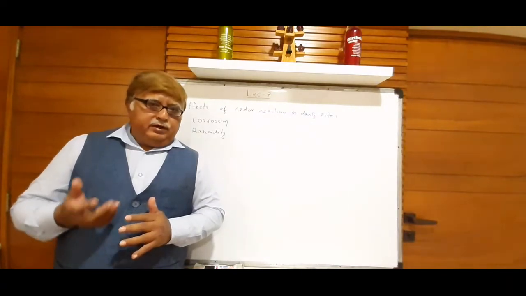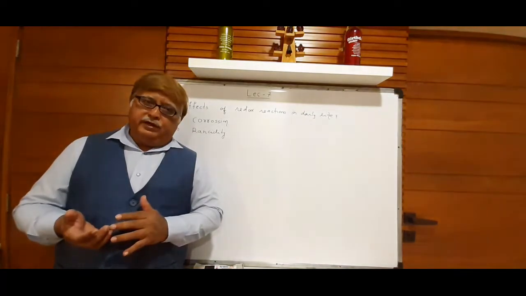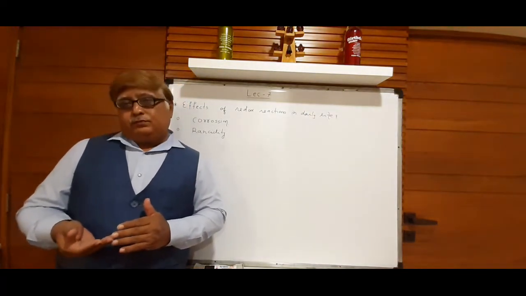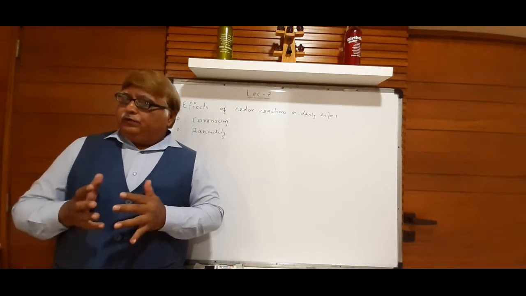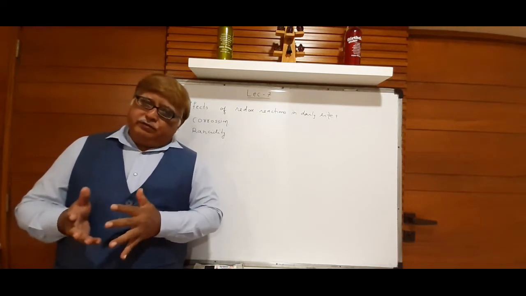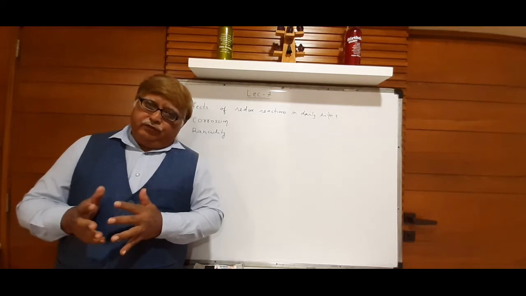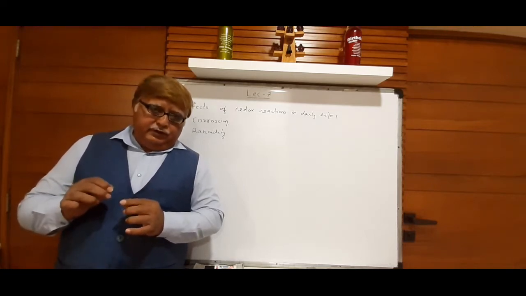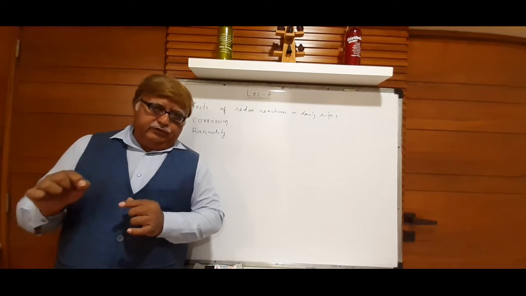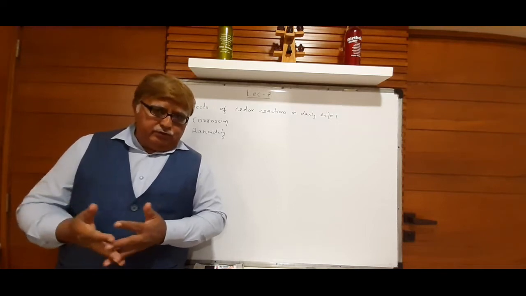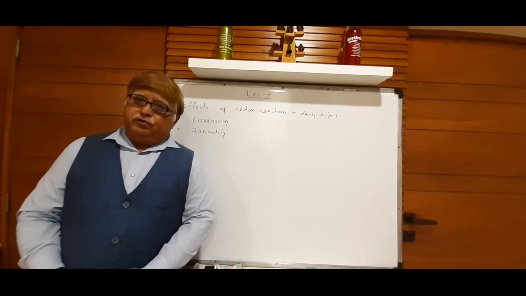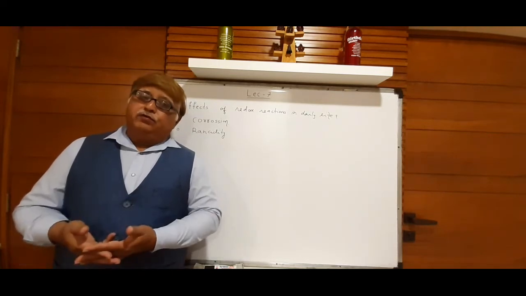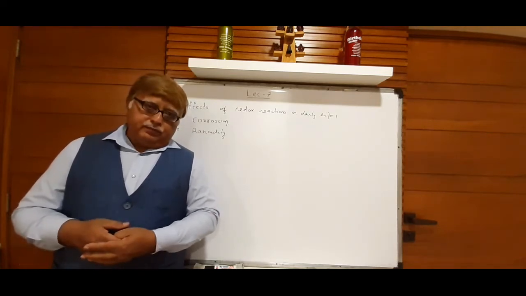Corrosion may take place in silver also, may take place in copper also. When copper vessels are exposed to air for some period of time, a green colored layer deposits on it, that is called corrosion, that occurs due to oxidation of copper.